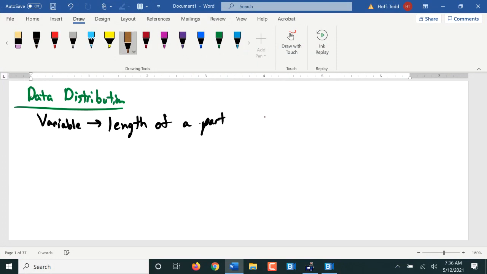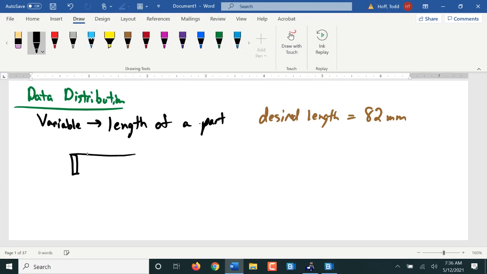And let's say we know that our desired length is 82 millimeters. Well, we know that when we go to cut that, of course, you're going to set up a jig of some sort as a stop so that you lay your material in that jig. Saw comes down and cuts it. And you'd think, well, it's going to be exactly the same every time, but it's not.